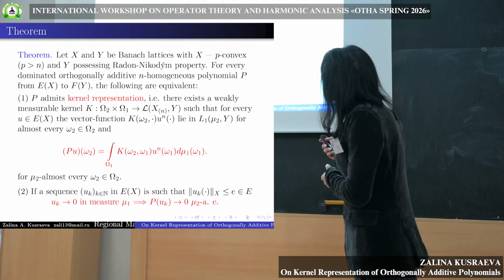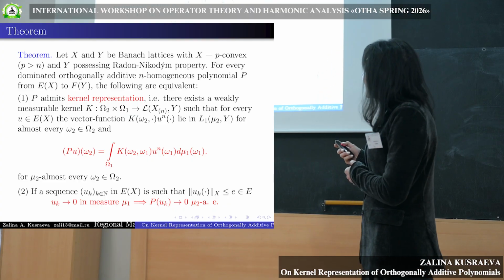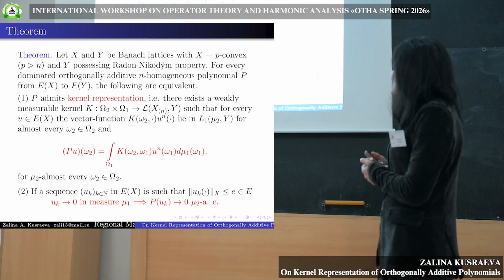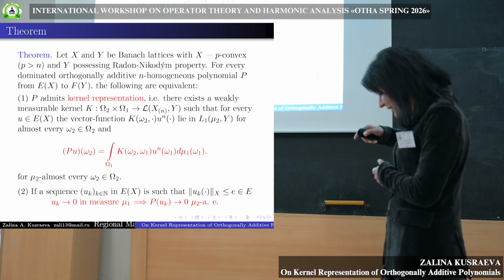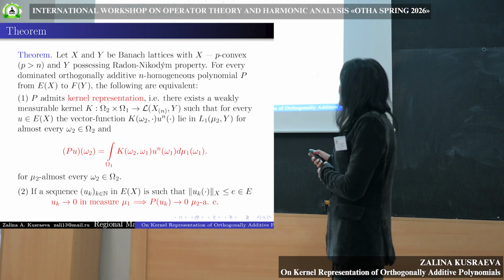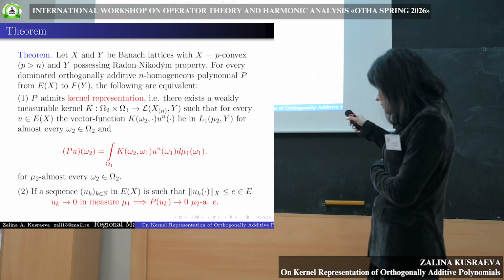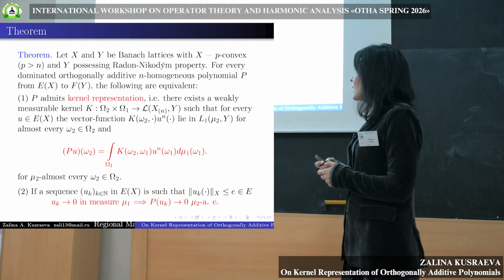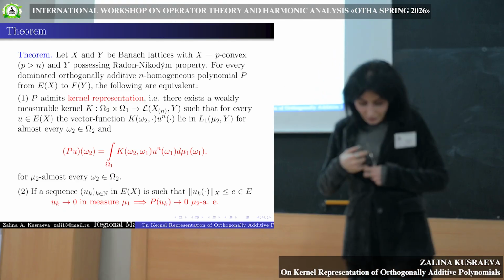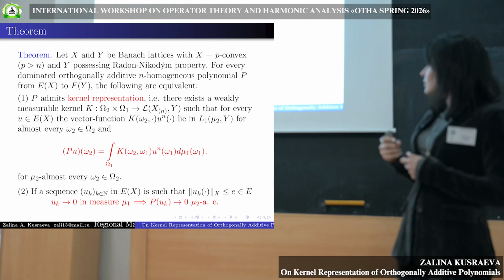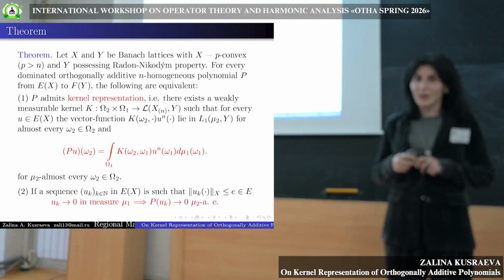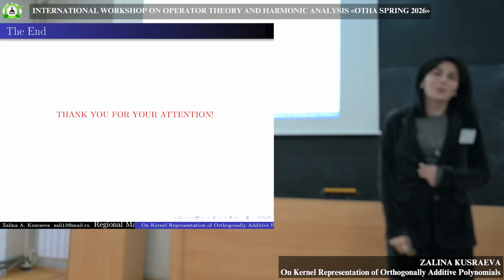So the Banach lattice Y has to possess the Radon-Nikodym property, and in that case we have that the polynomial admits kernel representation if and only if it enhances the type of convergence. I hope I will prove it in the nearest time. That's all. Thank you for your attention.